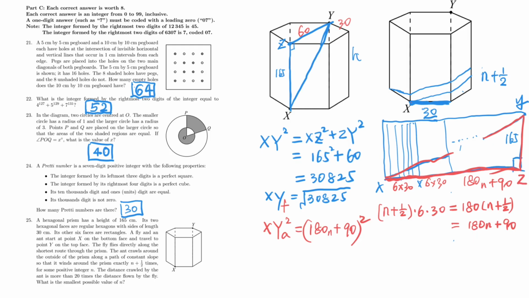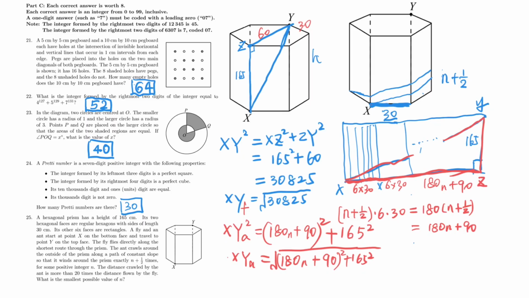If this point is z, that's xz squared plus yz squared. So xy, the ant's distance, is the square root of 180n plus 90 squared plus 165 squared.